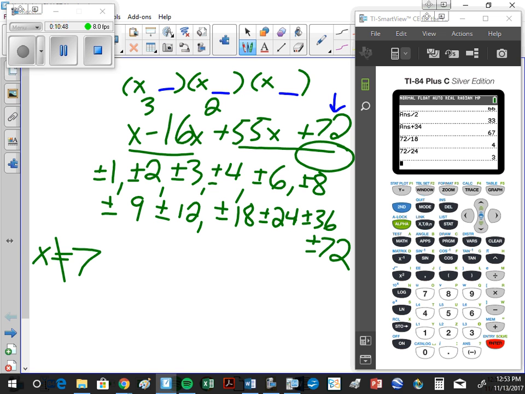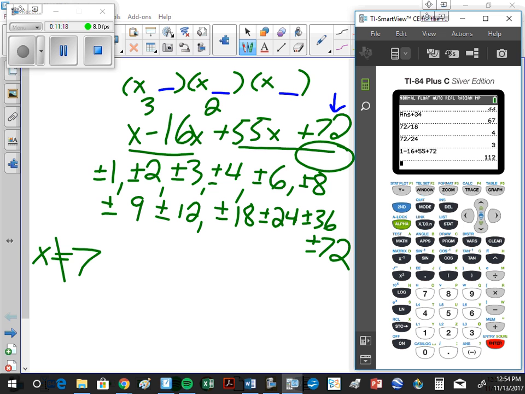Okay? Now, it's really easy to tell if 1 works. You add all the coefficients together. If you add the coefficients together and you get 0, then 1 is one of your answers. So let's do it. 1 minus 16 plus 55 plus 72 is 112.